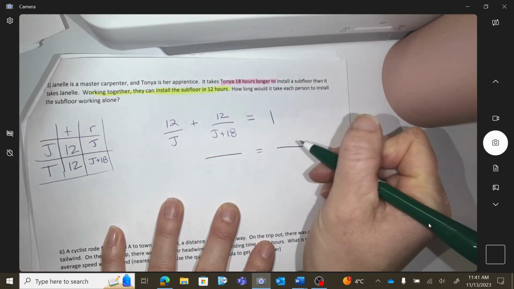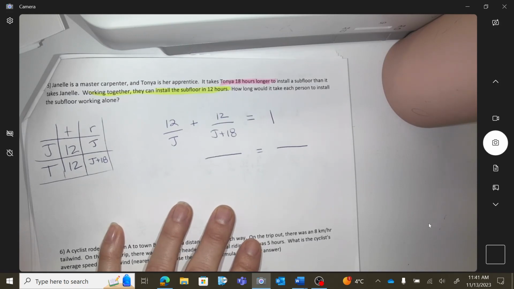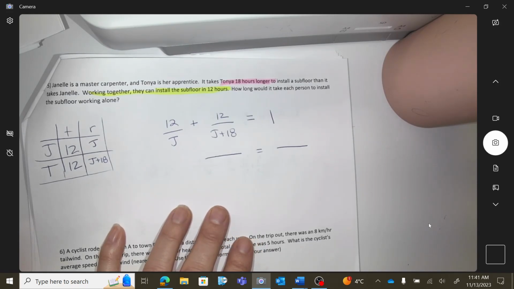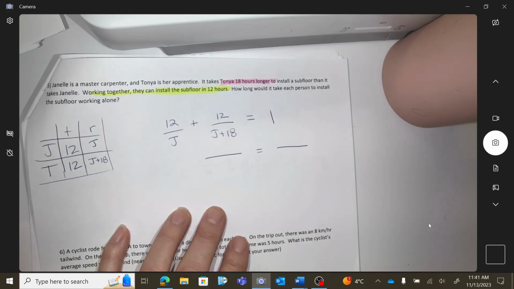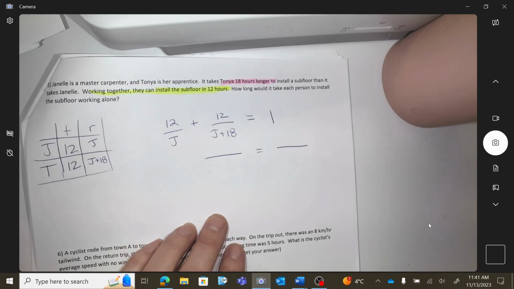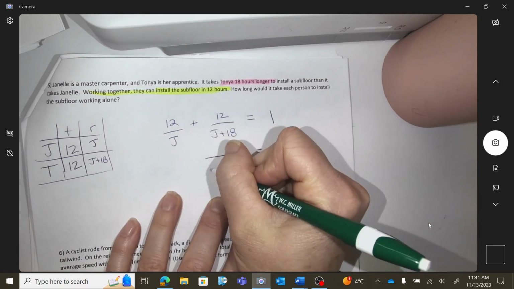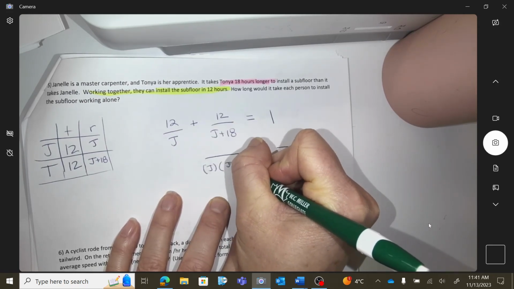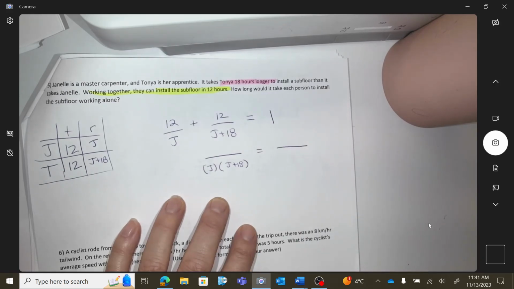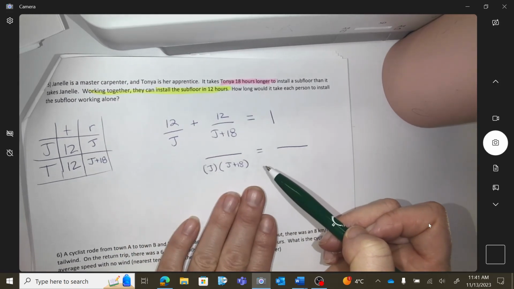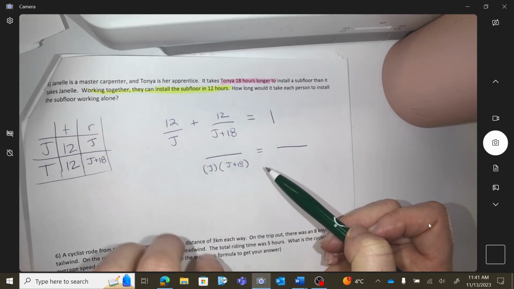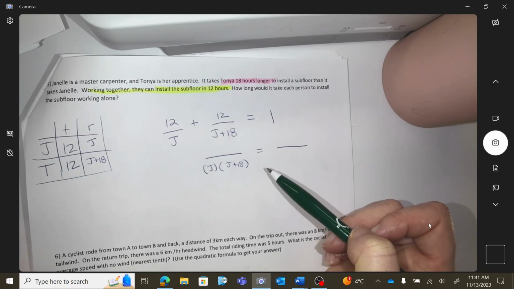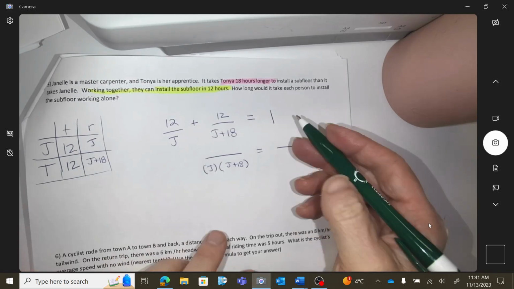Common denominator. Okay, what do I need in my denominator? I need a J and I need a J plus 18. I need both multipliers in there. Okay? Please don't treat J plus 18 to include a J because then it's an adder. Adders are different than multipliers, right?